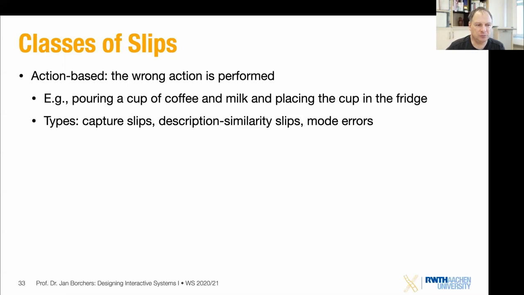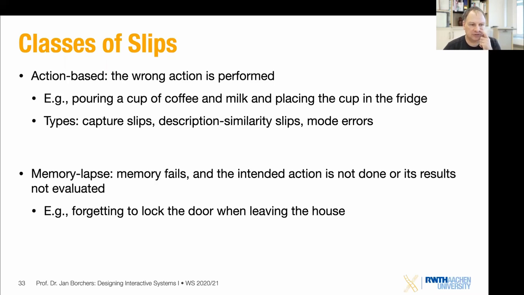And this could be because you made a capture slip or a description similarity slip or a mode error. We're going to talk about these later. The second class are memory lapse slips. They are memory fails, where your intended action is not the one that you end up doing, or you don't evaluate the results. For example, you leave the house and you have a lapse in memory and you forget to lock the door when you leave the house.